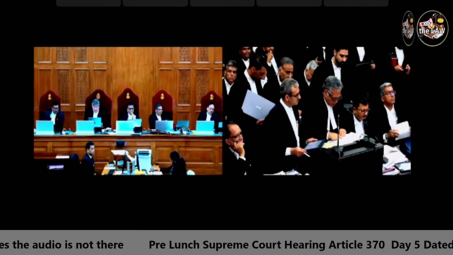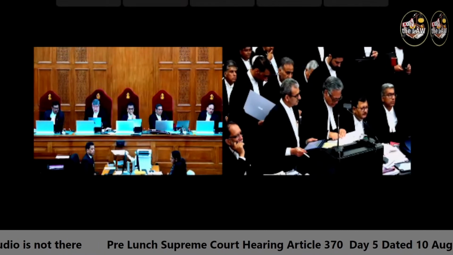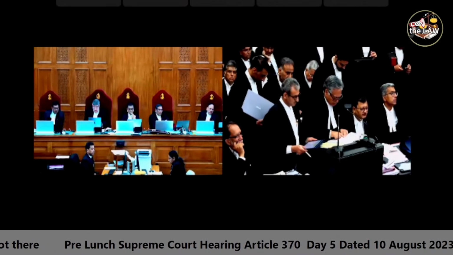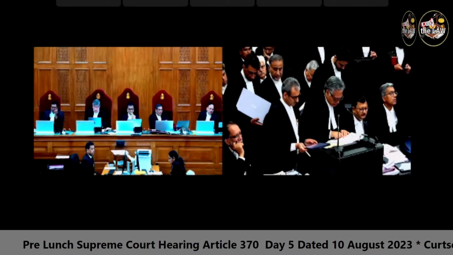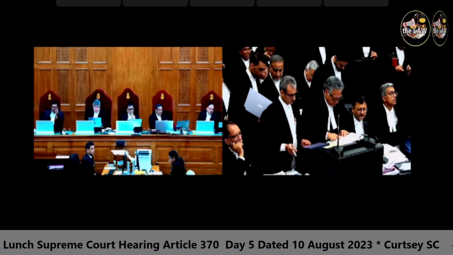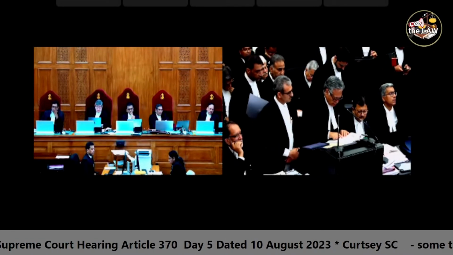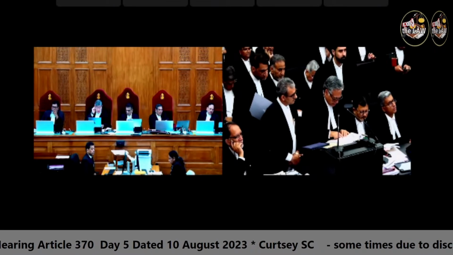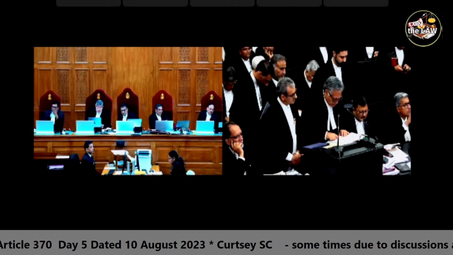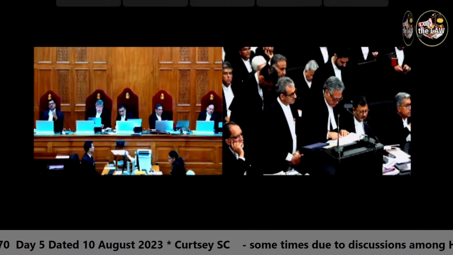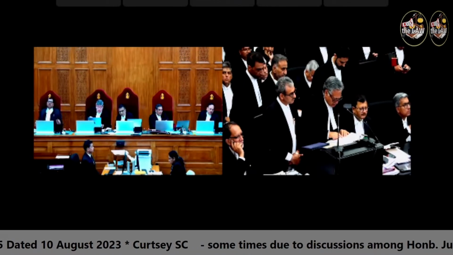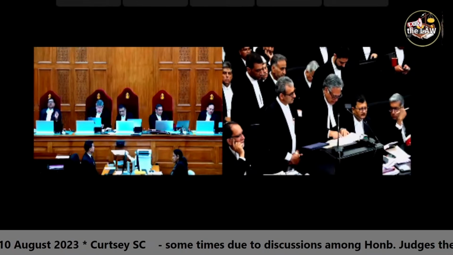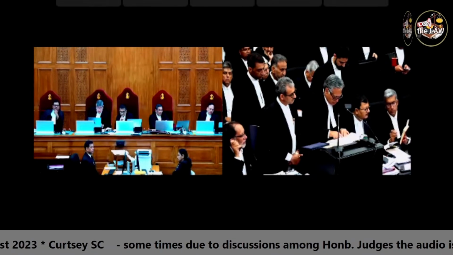No property movable or immovable, including any interest in or in any company owning any commercial or industrial undertaking, shall be taken possession of or acquired for public purposes under any law authorizing the taking of such possession or such acquisition, unless the law provides for compensation for the property taken possession of or acquired, and either fixes the amount of the compensation or specifies the principles on which and the manner in which the compensation is to be determined and given.